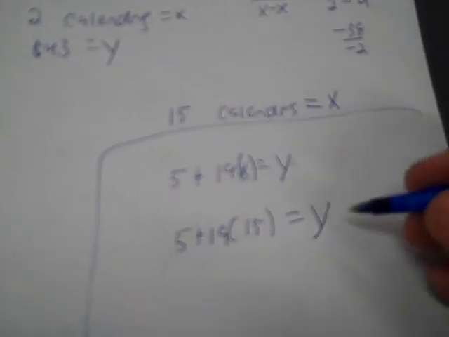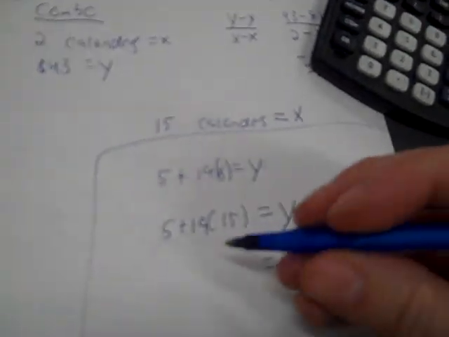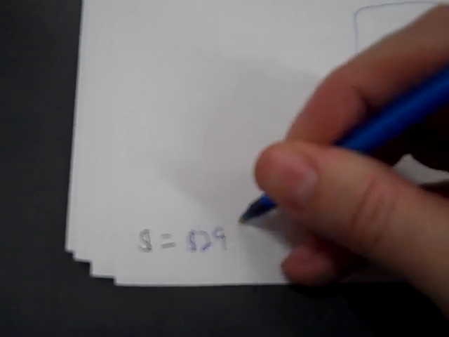And then Y is solo. It has no operations with it, so I can just plug that expression into my calculator. 5 plus 19 times 15, and I get 290. So that is going to cost $290.